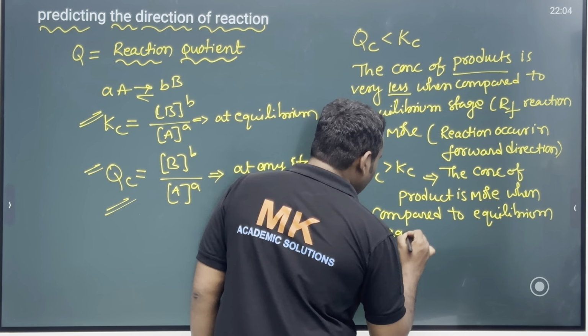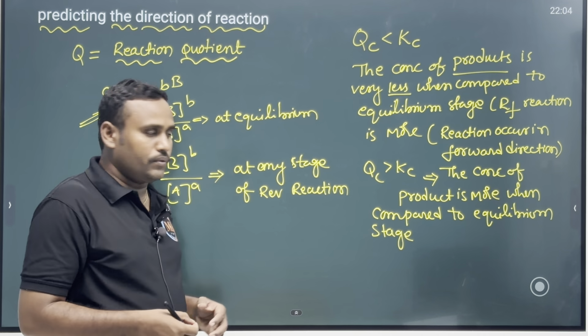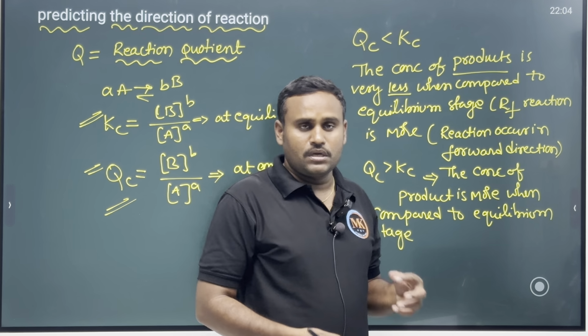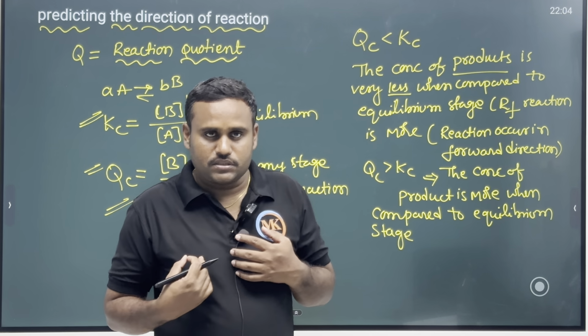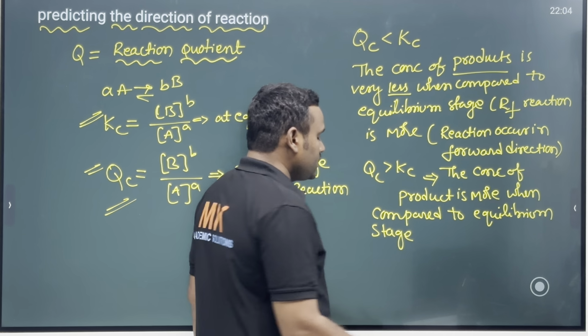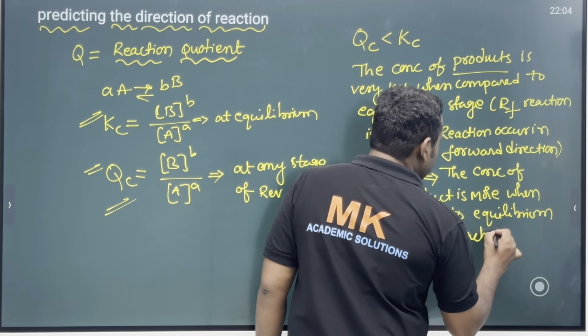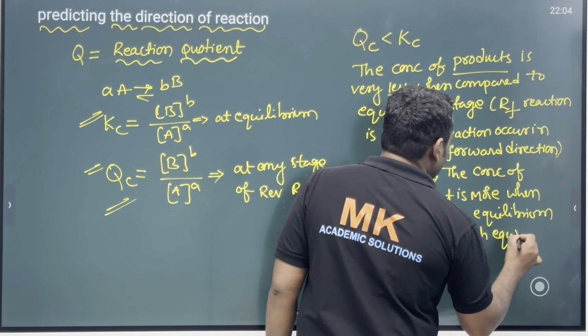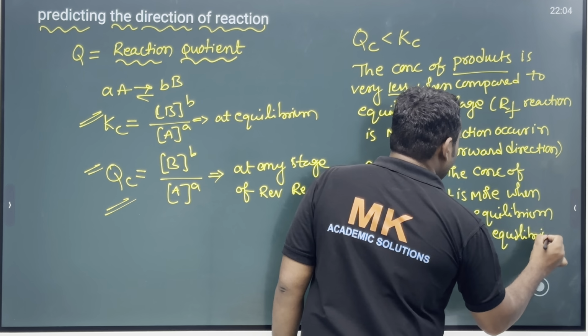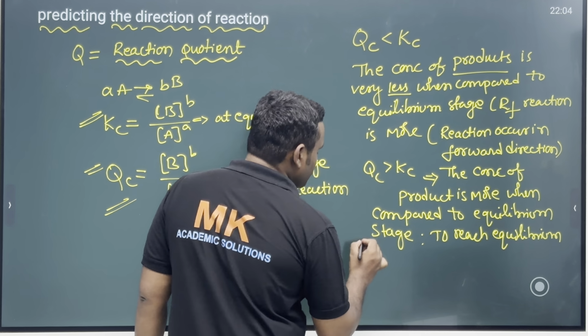So to reach the equilibrium stage, the backward reaction is going to occur.